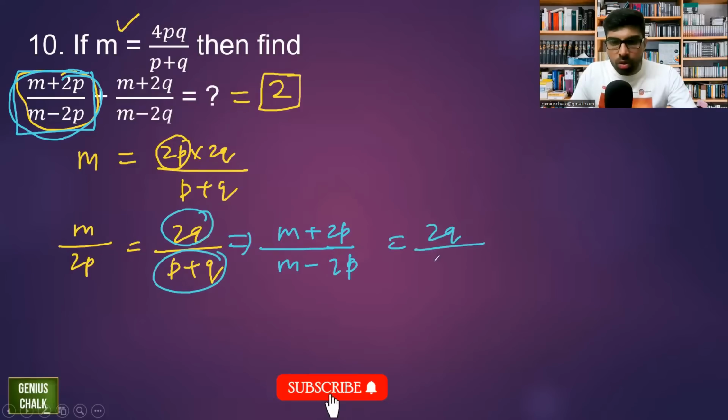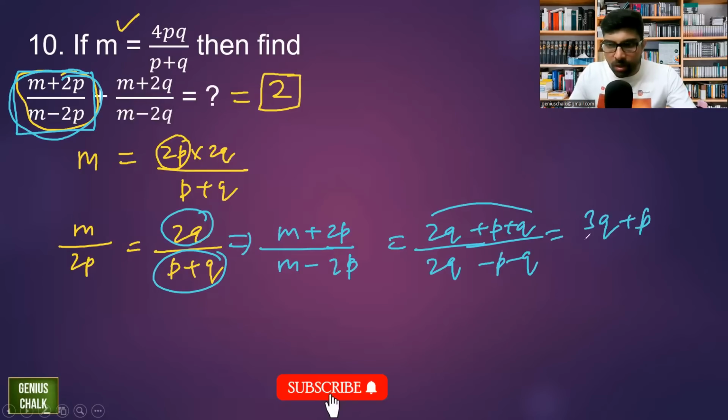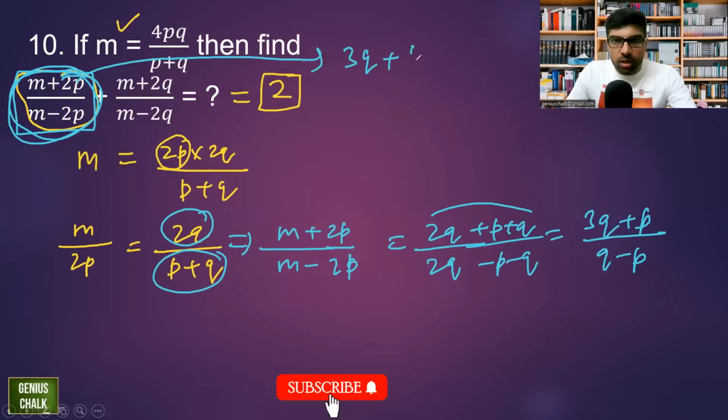So 2Q by 2Q, then P plus Q minus P minus Q. So what are you getting? 2Q plus Q, it is 3Q plus P, and it is Q minus P. So this is what I am getting: M plus 2P over M minus 2P is 3Q plus P upon Q minus P.